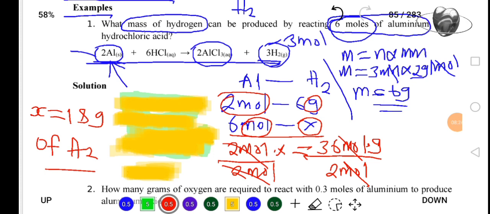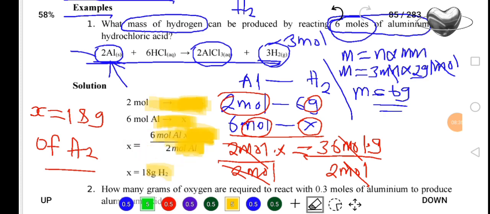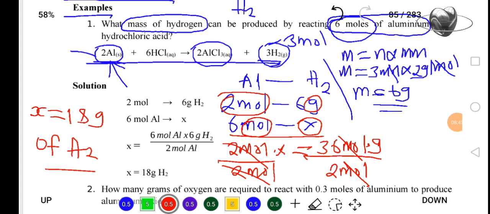So when you look at how this question was calculated, it should be the same answer. As usual, we are having 18 grams of hydrogen.